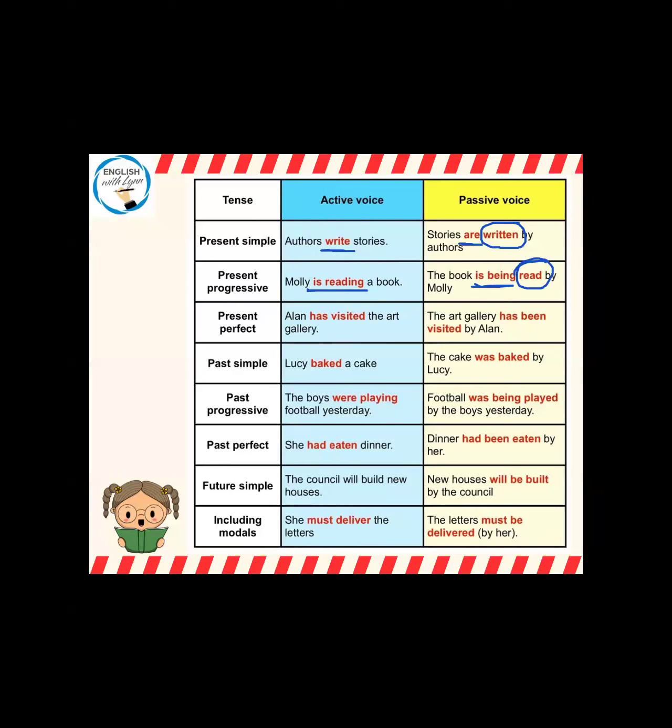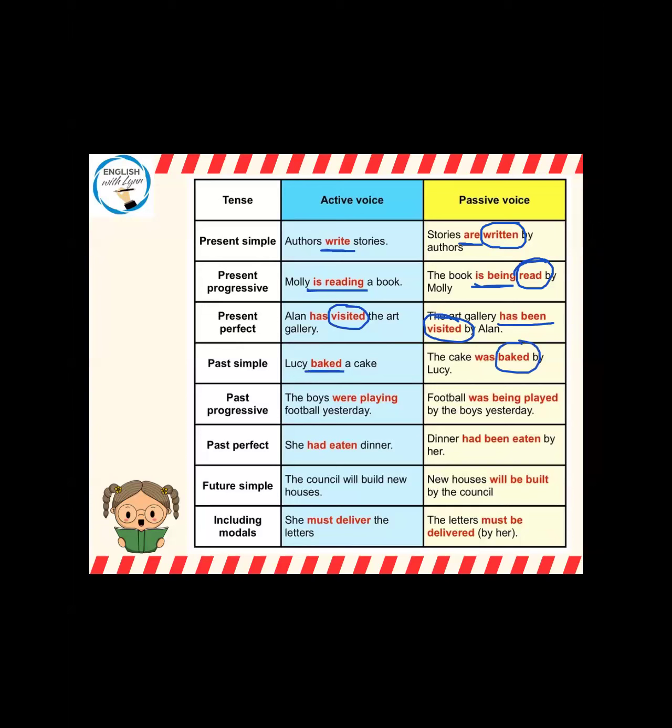And if we've got the present perfect, we have the has visited. So that already has the past participle. And when we turn it into the passive voice, you put has been and then the visited after it. Moving on to the past simple, she baked, and then the cake was baked. So because this isn't a regular verb, it just has the ed on the end of it.